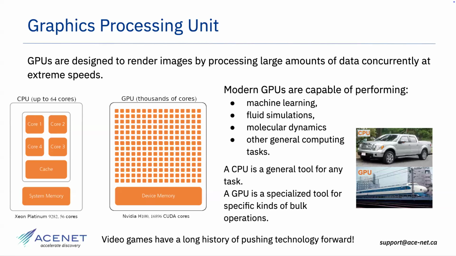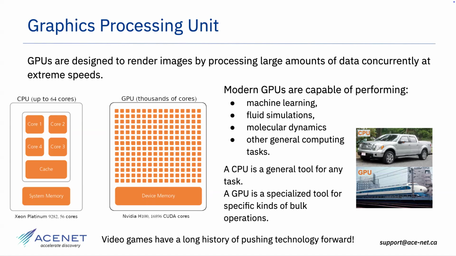All machine learning training is specifically designed for GPUs. And also such areas as particle and fluid simulations, drug designs, and electronic structural calculations take advantage of GPUs and can run much faster on these specialized GPU units.